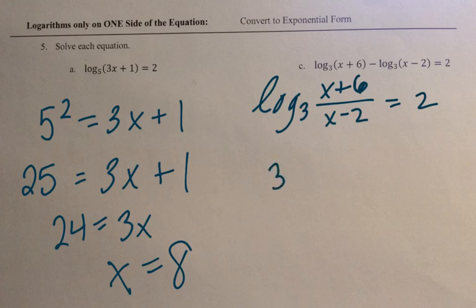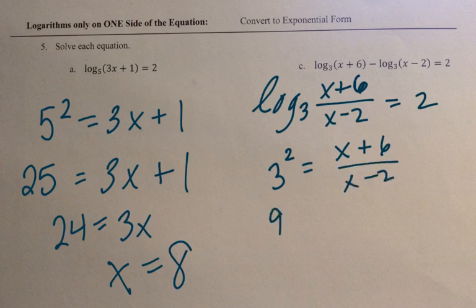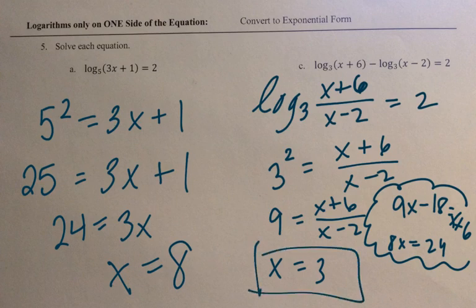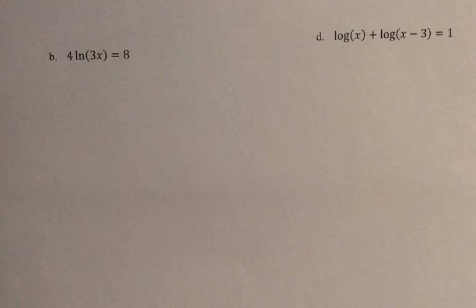That's going to give me 3 to the second equals x plus 6 over x minus 2. So that's 9 equals x plus 6 over x minus 2. And then you're going to use the same properties that we saw earlier to solve this when you have a variable in the denominator. When you do all that side work, which I've just done quickly over here, you end up getting that x is equal to 3.